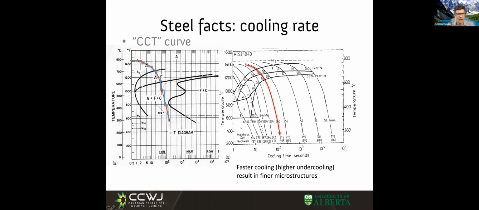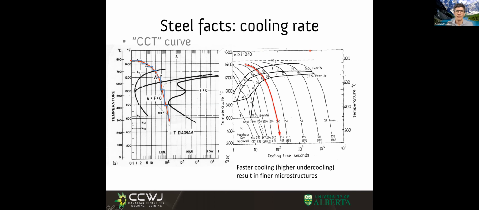Look, above the transformation temperature, nothing happens, because there's no driving force, right? If I'm too hot, it wants to be austenite. The TTT curve on the left and the CCT curve on the right say nothing's going to happen.